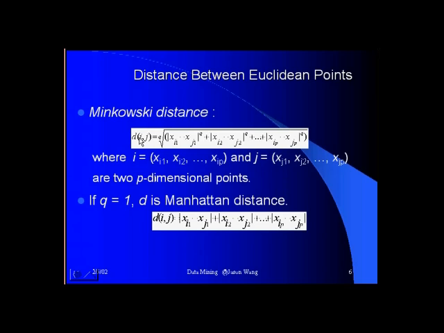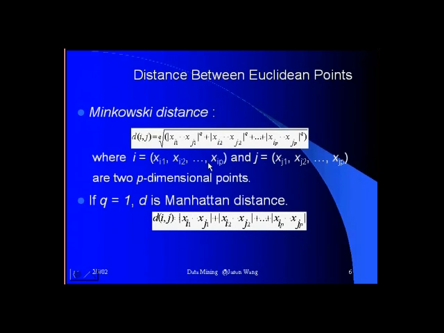Okay? Now, this is a general formula. When q is 1, we refer to this Minkowski distance as the Manhattan distance, which is a very famous distance. So the Manhattan distance between point i and point j is defined as the sum of the absolute values of the differences between the corresponding coordinates: xi1 minus xj1, you take the absolute value; xi2 minus xj2, you take the absolute value; and xip minus xjp, you take the absolute value.